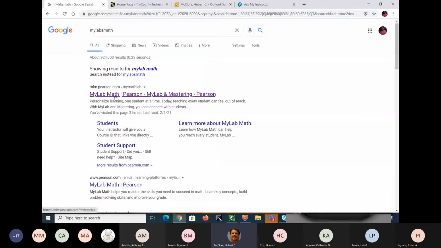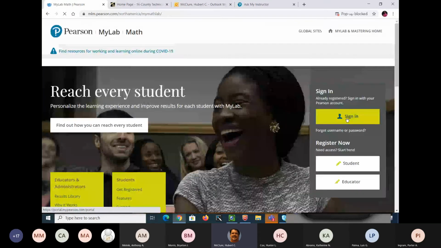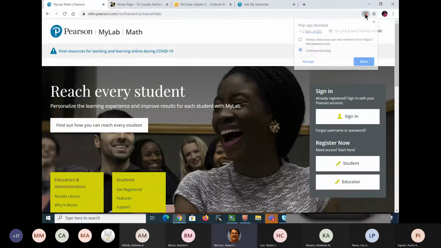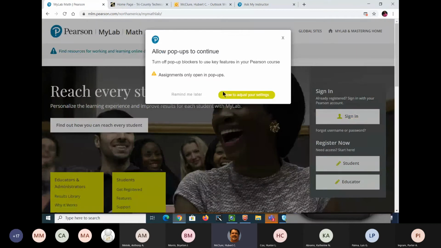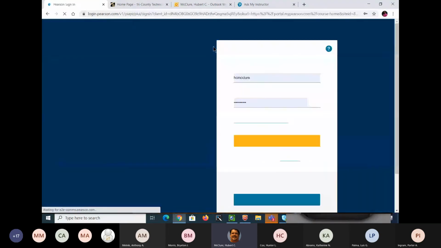So I'm going to start using my Firefox to go into MyLabsPlus, and that way when I have to get out of the ancient Tri-County Tech stuff, I won't be messing up my Labs Plus.